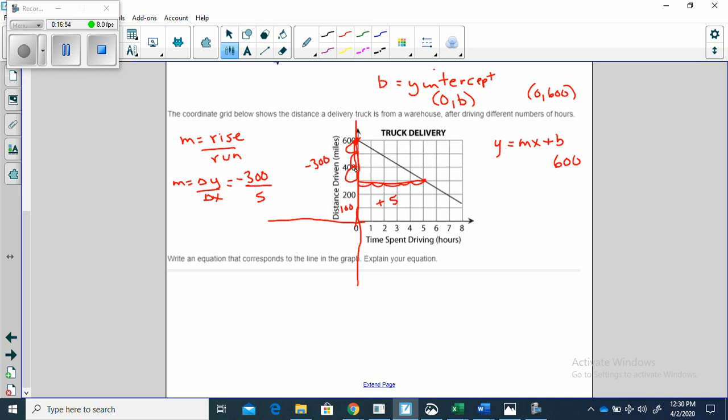We could have found this way too, guys. We could have taken our points. Our change in y would have been 600 minus 300 over 5 minus 0. That also would have given us 300 over, sorry, 0 minus 5, 300 over negative 5.